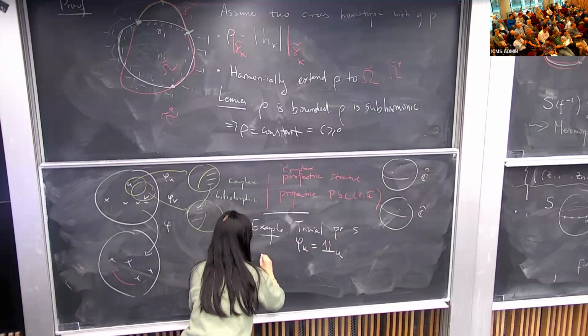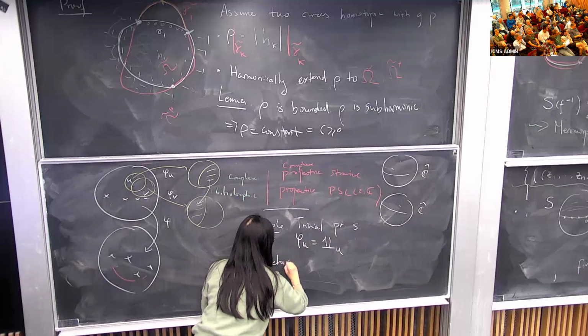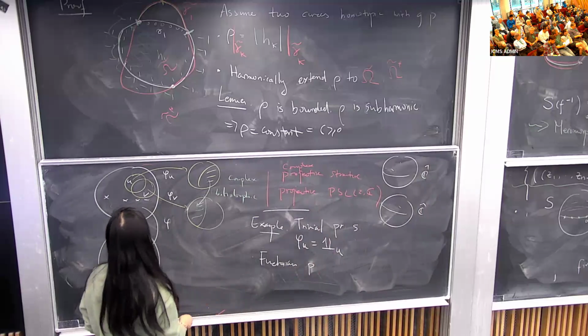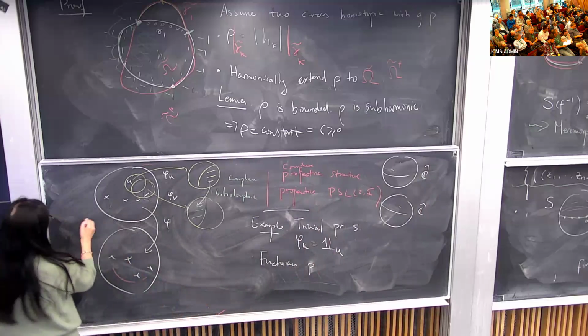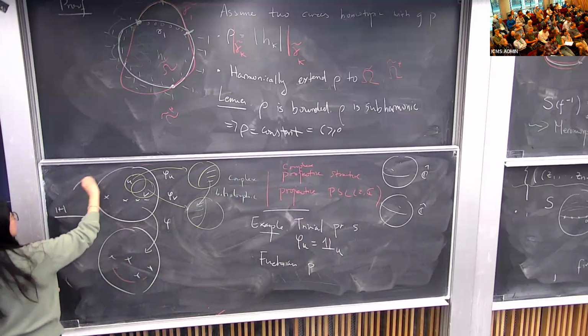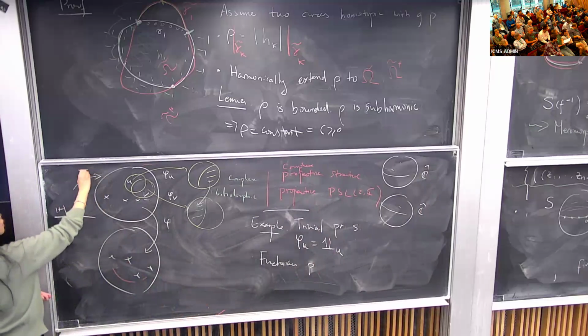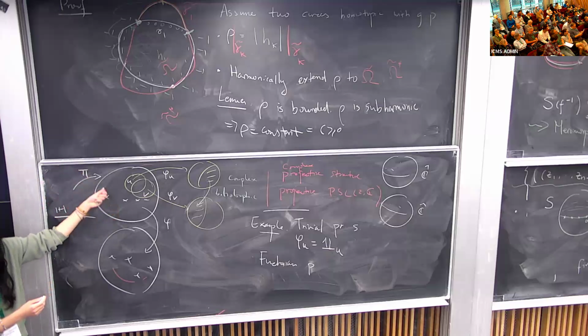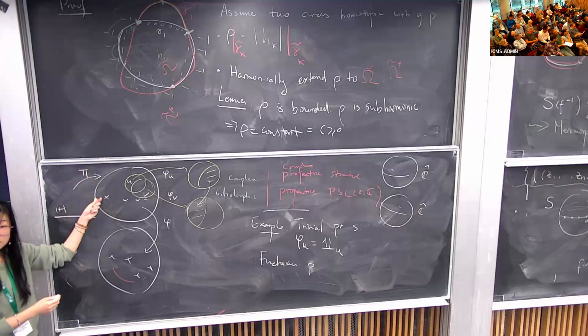And there is also the Fuchsian projective structure. What you do is, for each surface, there's a holomorphic covering map pi covering the sphere.